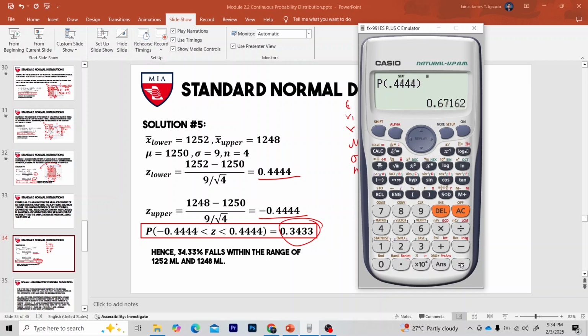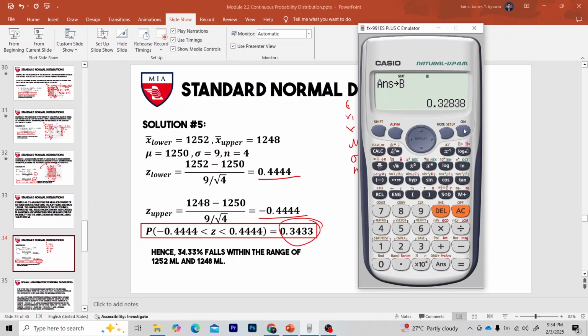So we have 0.67162. Shift store A, so let's store the value to A. Next is shift stat distribution 1. So we have negative 0.4444. Okay, so we have 0.32838. So let's store this value to B.